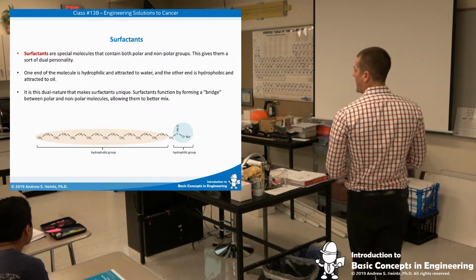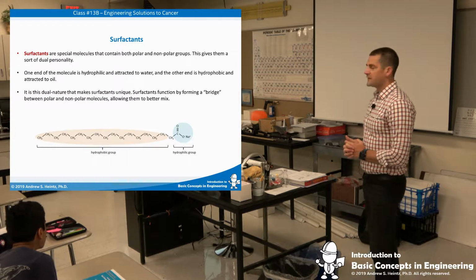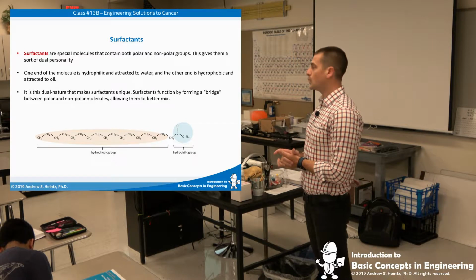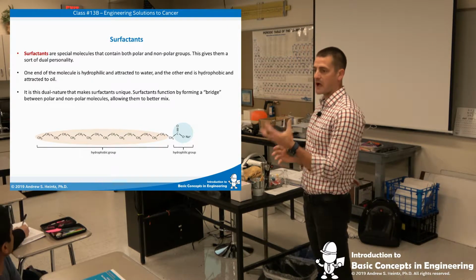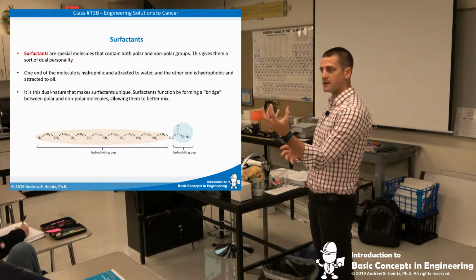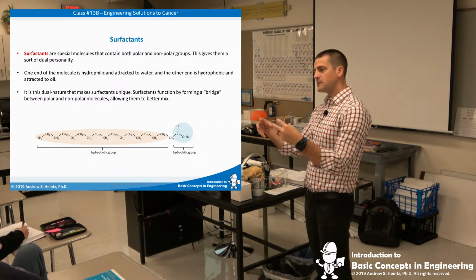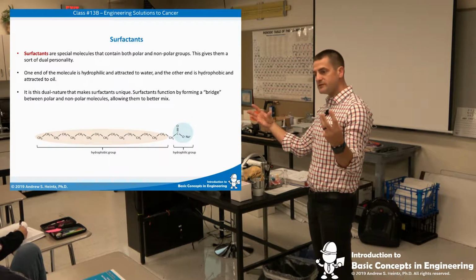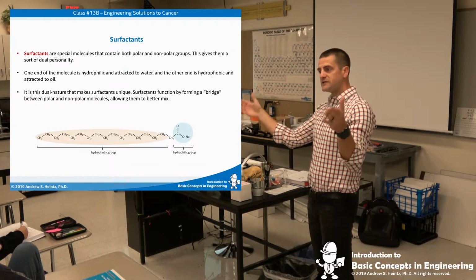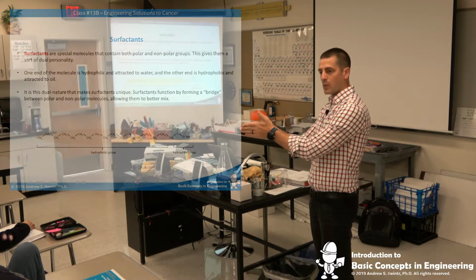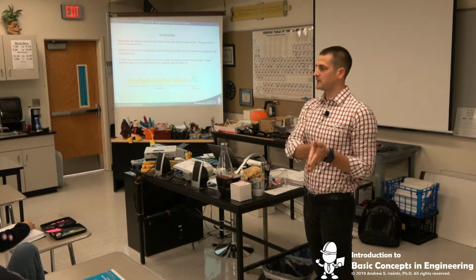Then we have what we call the head, which is on one side, and it is hydrophilic, right? So we have a charged molecule on one side, and at the very tail, we have a neutral molecule. But because these molecules are so big in and of themselves, the two ends don't really see each other. So on one end is something that does not like water, and on the other end is something that likes water.